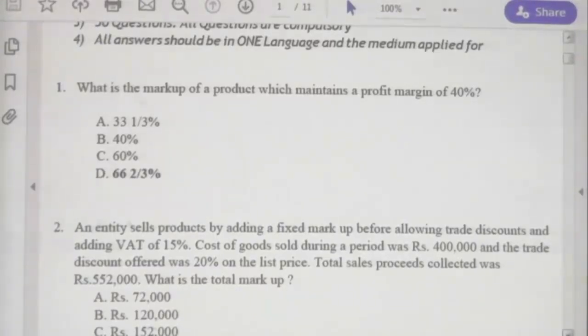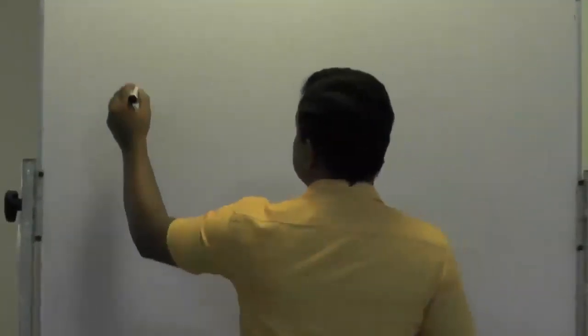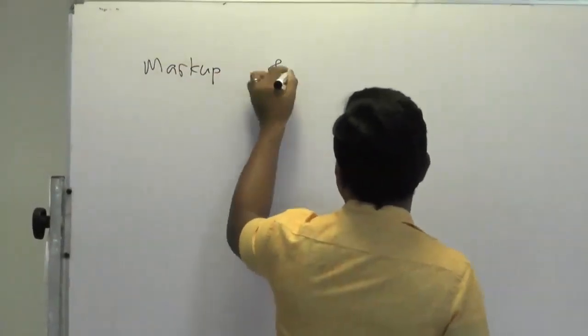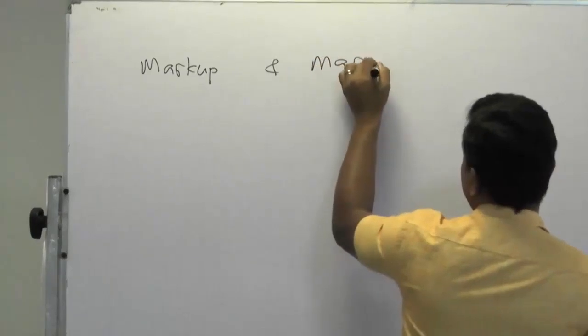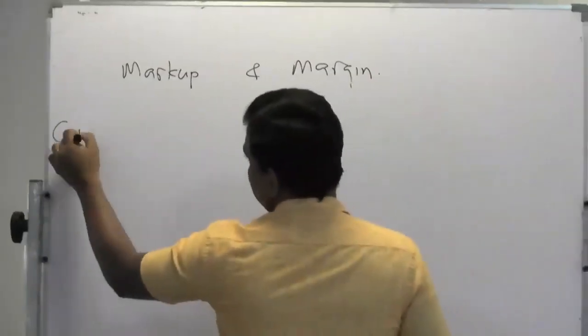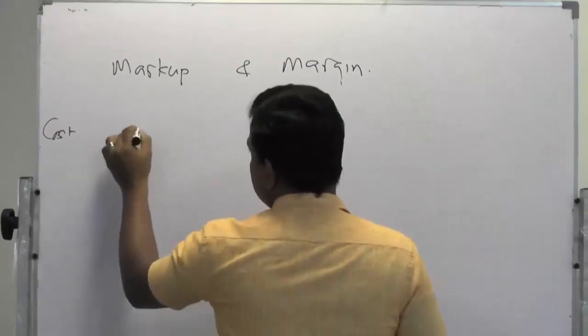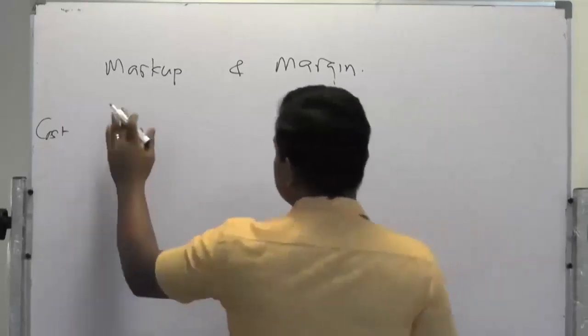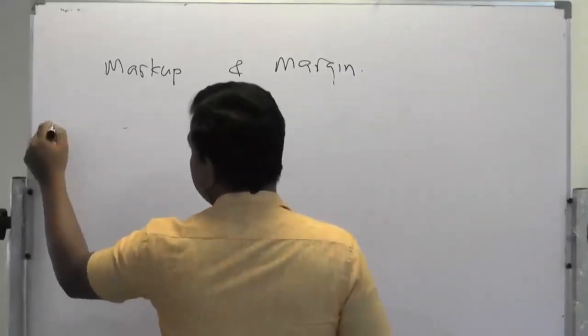Before moving to the answer directly, I will explain the relationship of markup and margin, right? Markup and margin. Let's assume the production cost of a unit is 100. The 100 is the cost.